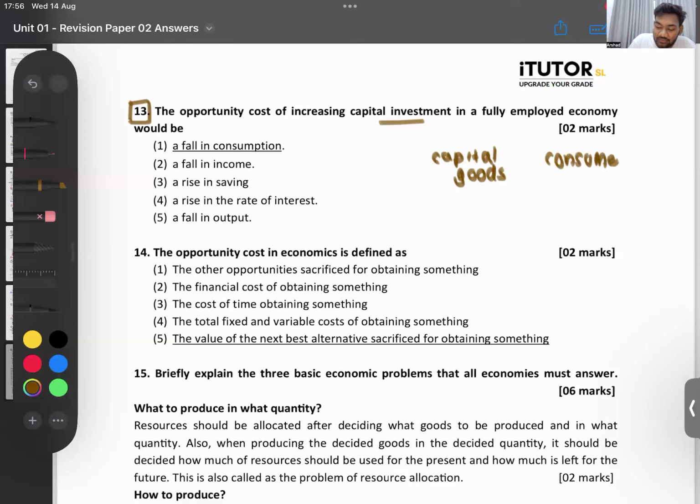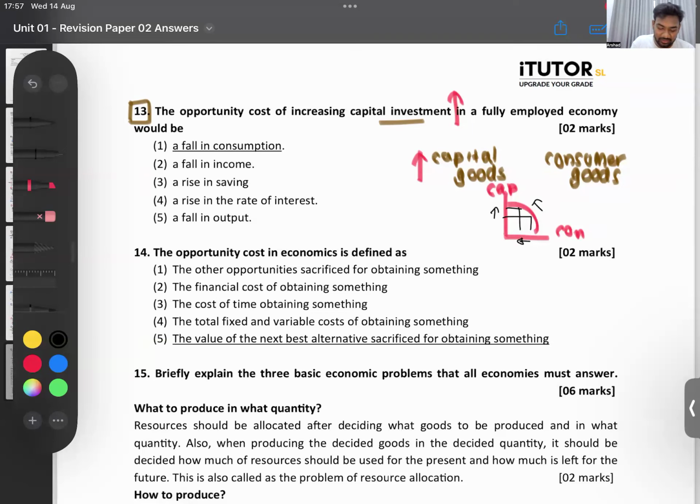So if they increase capital goods, what is the opportunity cost? In a PPC, if this is capital and this is consumer, let's say you're going from here to here. If you're increasing capital goods, what do you have to sacrifice? You have to sacrifice your consumer.